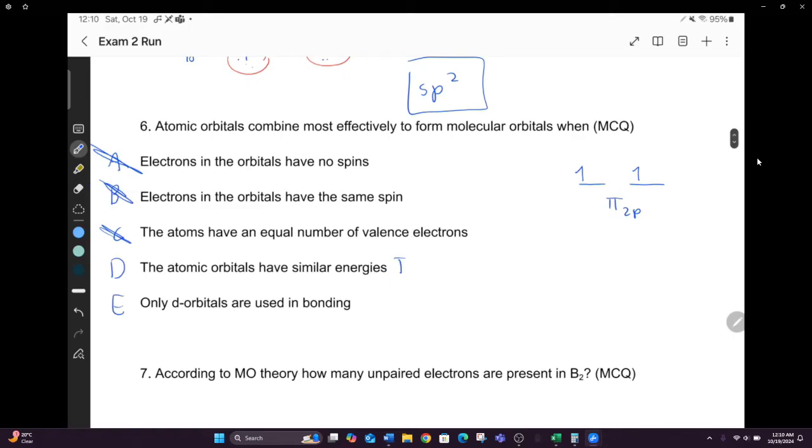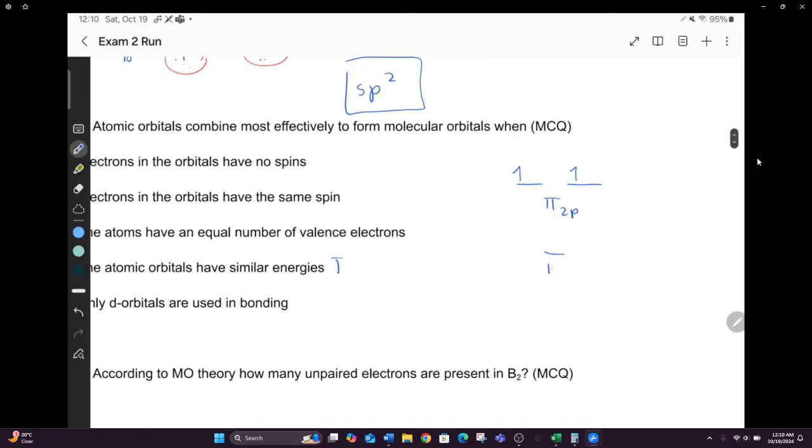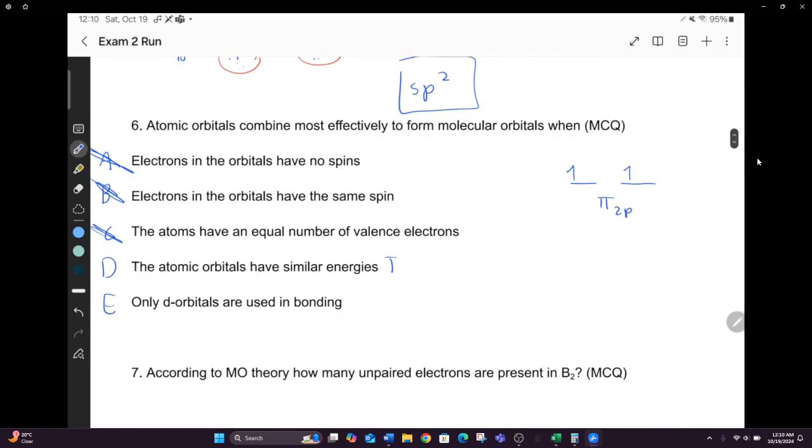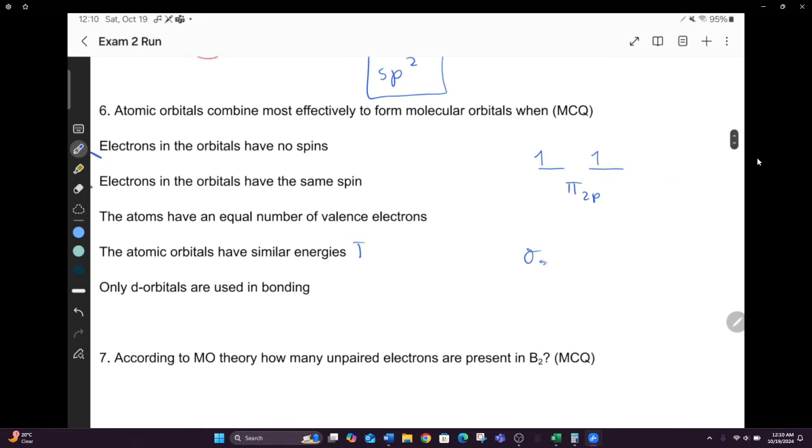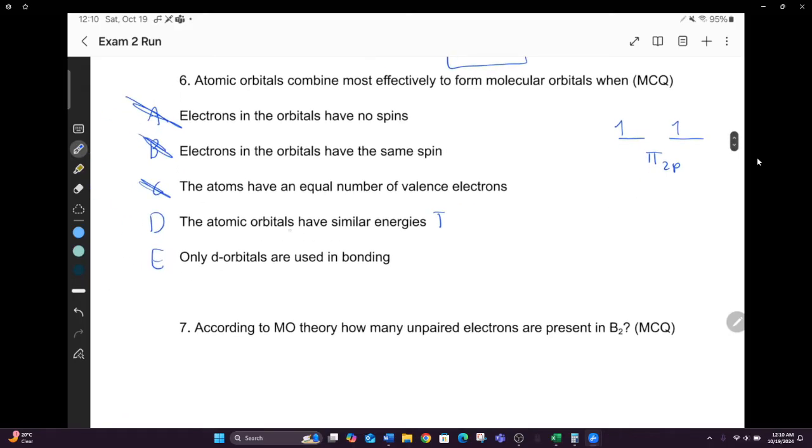If we have our pi 2s, we know this is a different energy. It depends on the ordering, as you know in different questions. But overall, these two pi 2p orbitals have close enough energies. So this is true. And only the orbitals are used in bonding? That's not true because we have our sigma 2s and sigma star 2s orbitals. So it's not E. Correct answer is B.